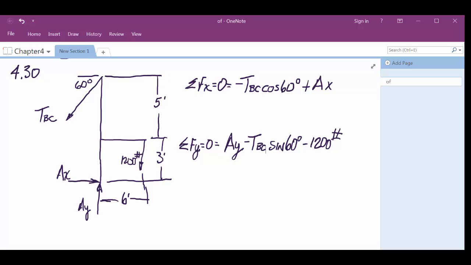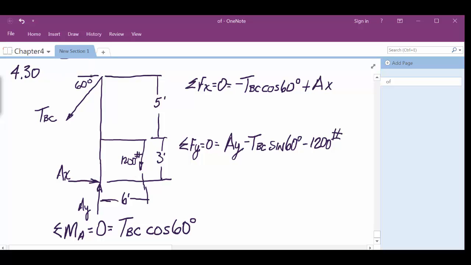So we'll do a moment. Summation of the moment about point A. Okay, so we got the tension in BC times the cosine of 60 degrees, right?